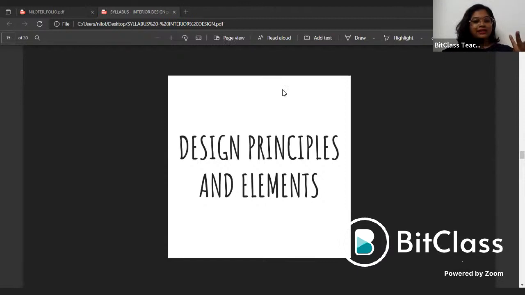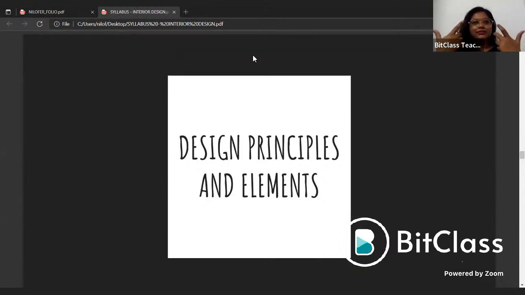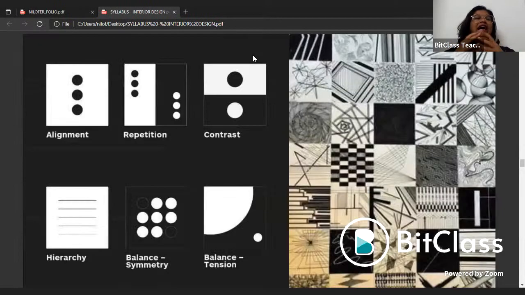Okay, great. That is correct. Some more? Rhythm, repetition, focus. Great. Okay. Scale and proportion, balance, symmetry. Okay. So design principles and design elements. We have 7 design principles basically, and 5 or 6 design elements.